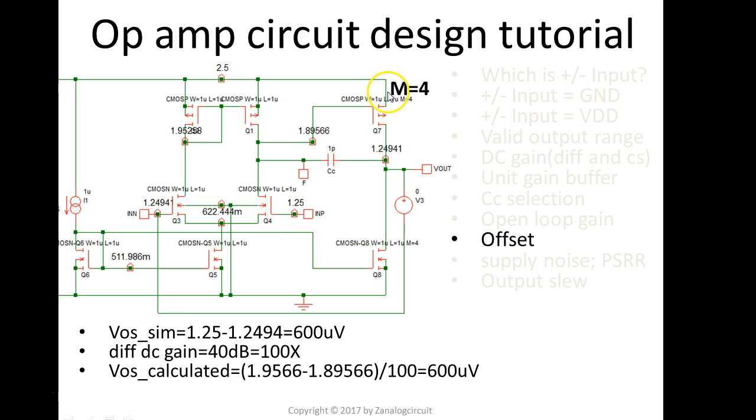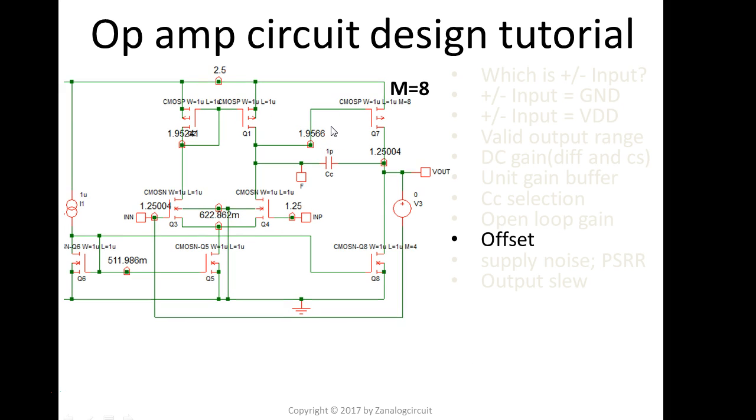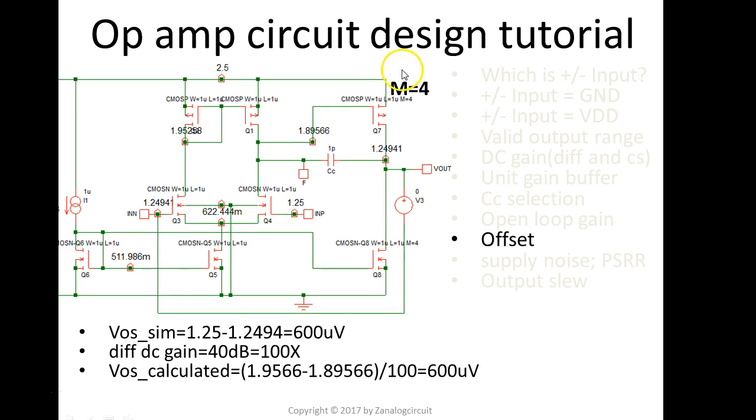So its VGS has to be increased for the PMOS, it has to be driven harder. When you look at the voltage here, now it is 1.89. Before, it was 1.95. So now the VGS of this PMOS is more.